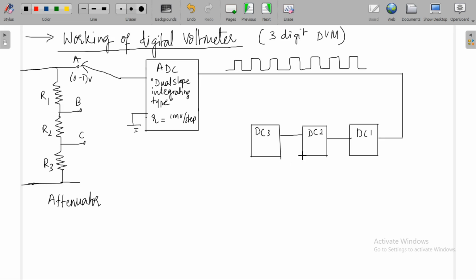This counts from 0 to 9, again this also counts from 0 to 9, this also counts from 0 to 9, and here you're going to have 7447 IC. Here also you're going to have 7447 IC, to convert BCD code into 7 segment code. That 7 segment code is given to 7 segment display.